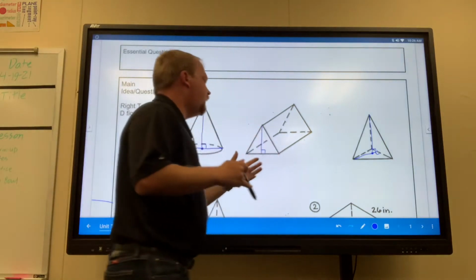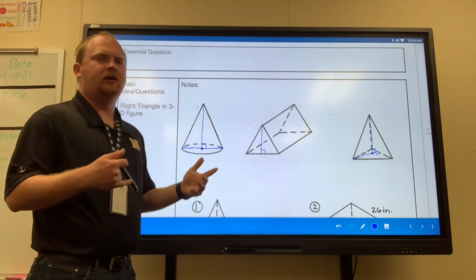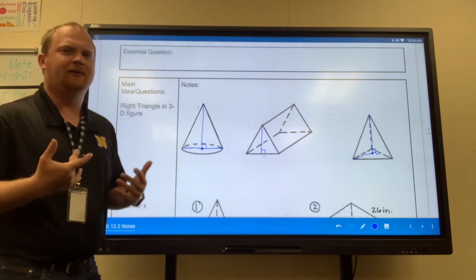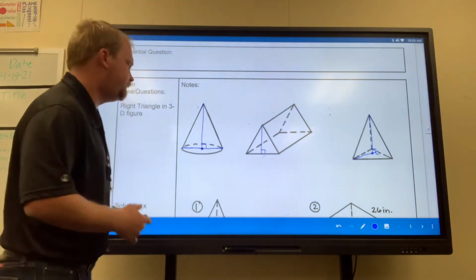So there are different ways of being able to find length. We just got to be creative enough with the imaginary lines we have in order to find right triangles.